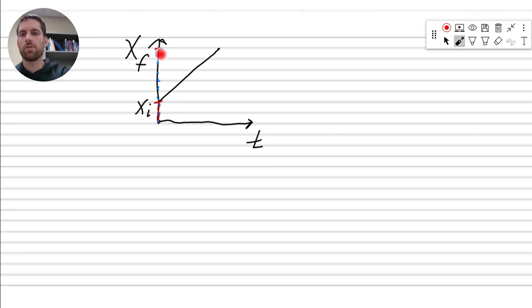Your slope is going to be x final minus x initial over that time period. And we know that the slope of a position versus time graph is velocity, so our equation looks like this.